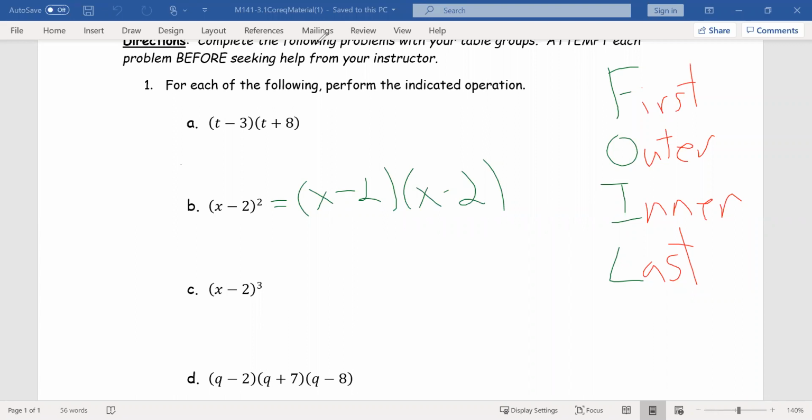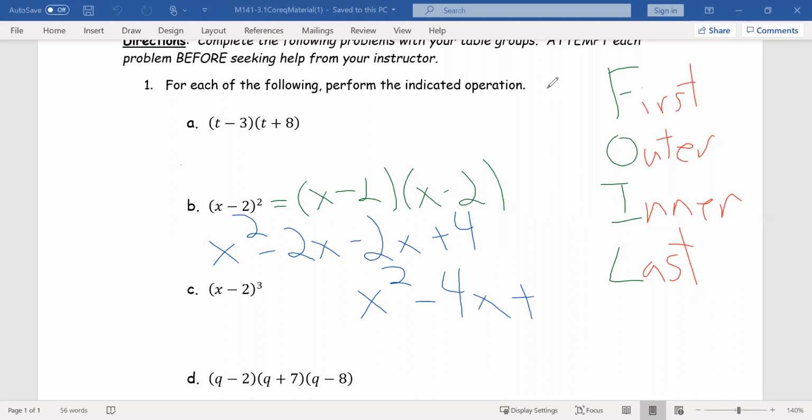From there, we can FOIL, and I won't write out all the steps this time, but it'll be x squared minus 2x minus 2x plus 4. Then we combine our like terms and have x squared minus 4x plus 4. That would be our answer there.